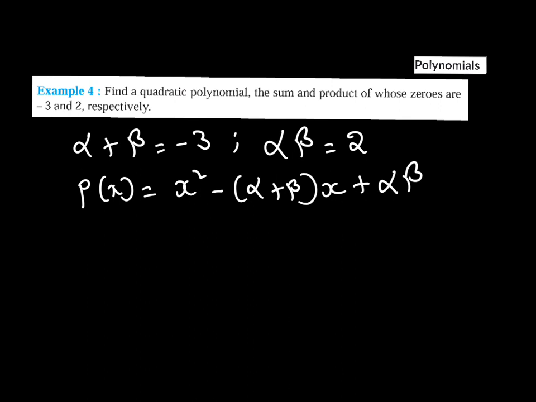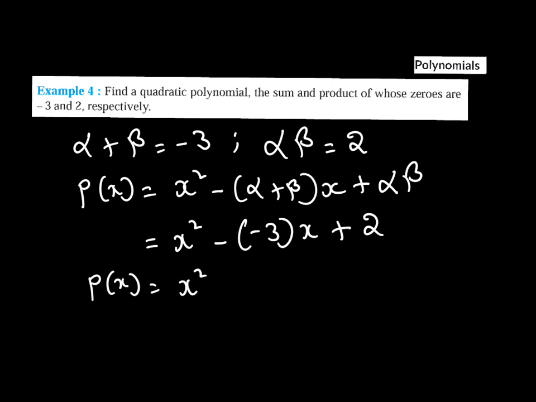Now we can easily plug it into this general form, x squared minus, what is the sum of the zeros in this example? It's negative 3. Plus, what is the product of the zeros given in this example? It's 2. So we have a polynomial x squared, negative times negative 3 plus 3x plus 2.